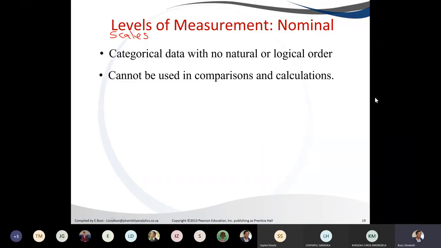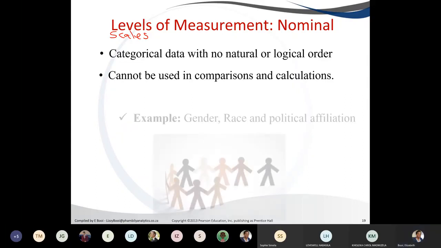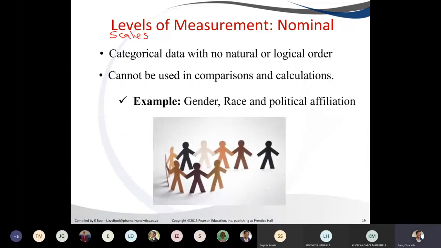It can be used in comparison because you can compare amongst the groups to see how many males and females are in that group, but not in a mathematical comparison way. Like the examples I gave, gender, race, political affiliation, there is no order on which one is higher than the other.